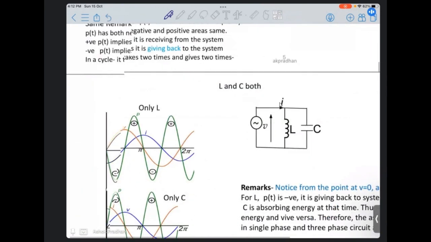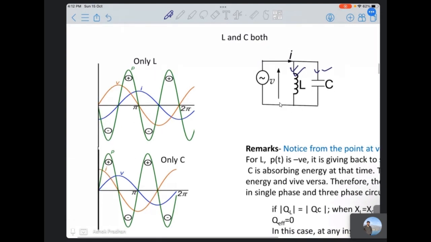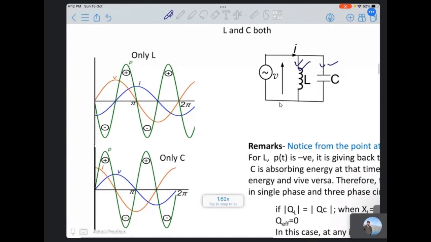Now if both L and C are there, what happens? Both will have the same voltage. This will take some current, and this will take some current, so they are operating in parallel. If we consider only L, as we have seen earlier, the green one is p_L, and the green one in the below diagram is p_C, what the capacitor takes.